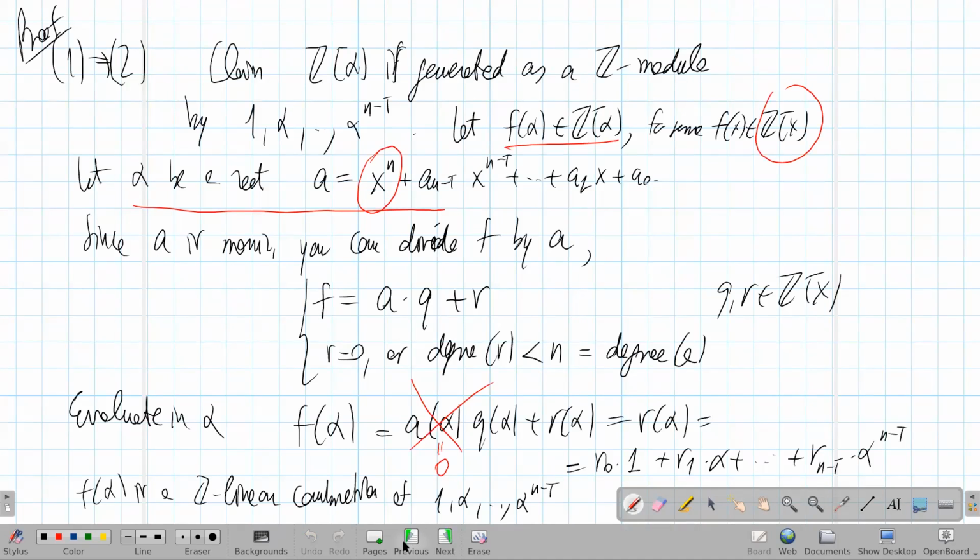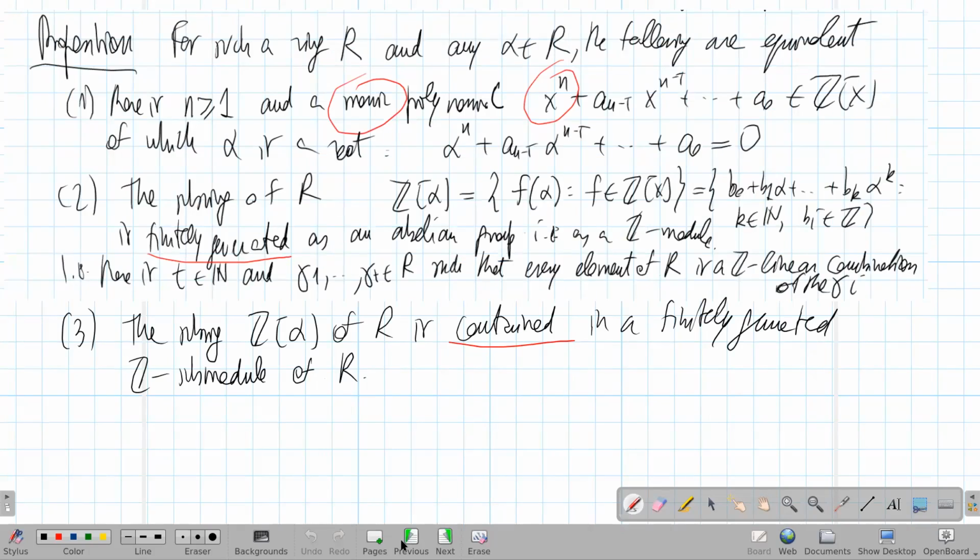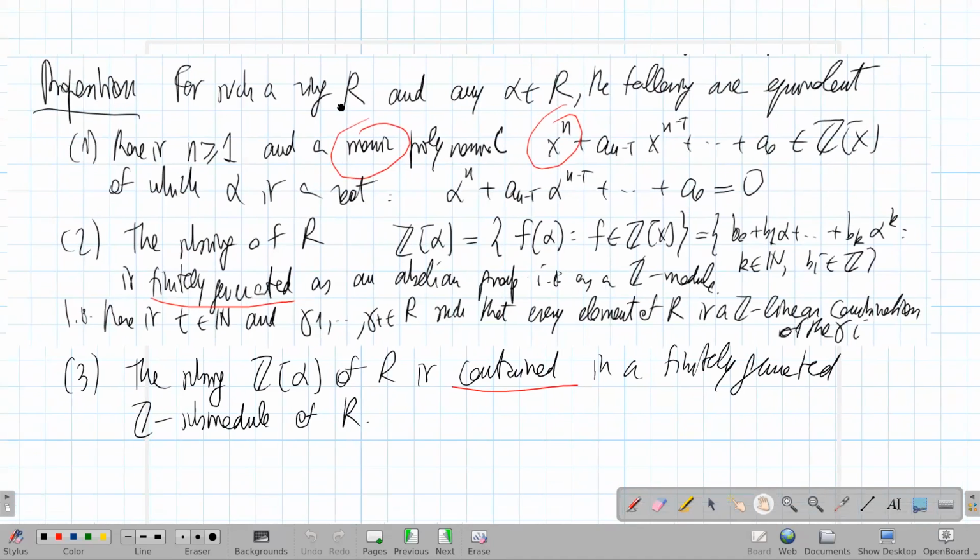So yesterday we were seeing this result that tells you that if you have a ring R, and here I mean a ring with unity, and an element... Recall that this ring R is a ring with unity and has characteristic 0, so that it contains the integers.